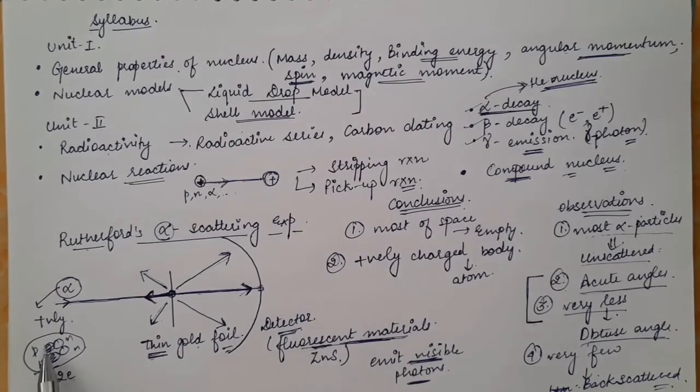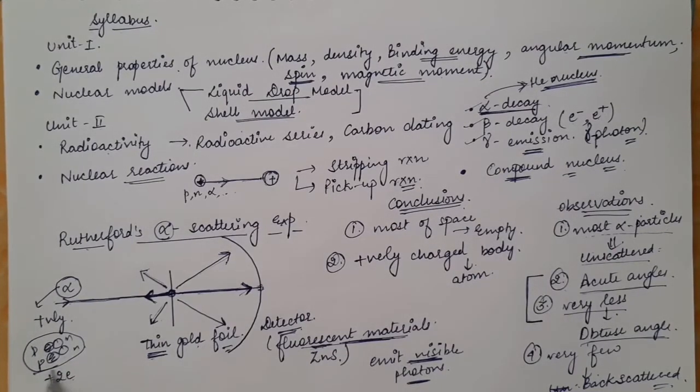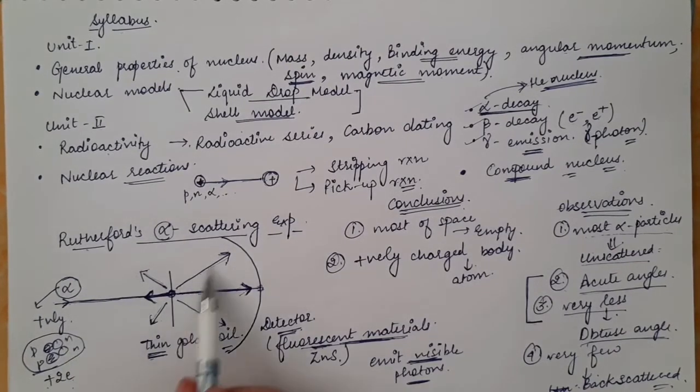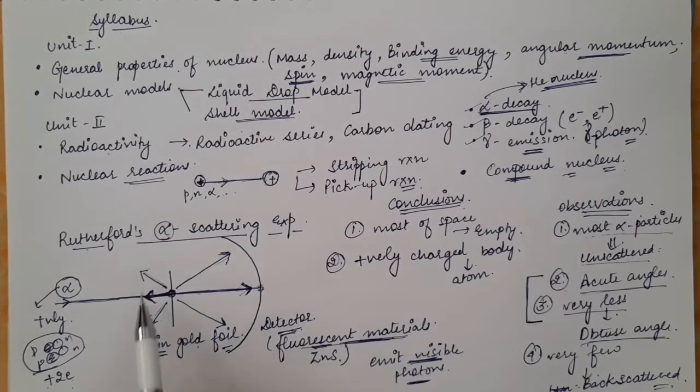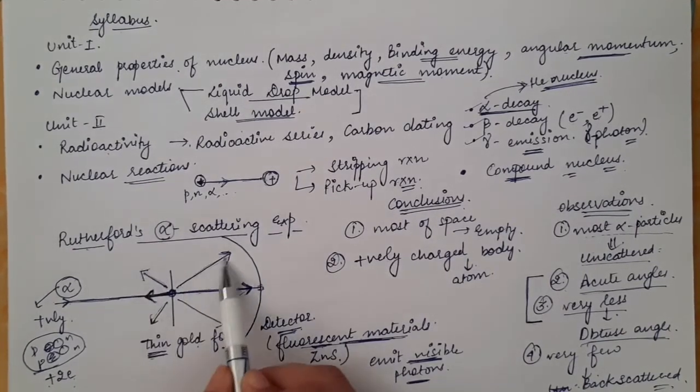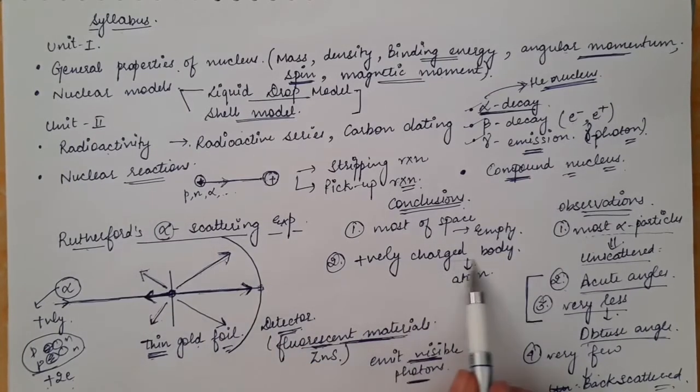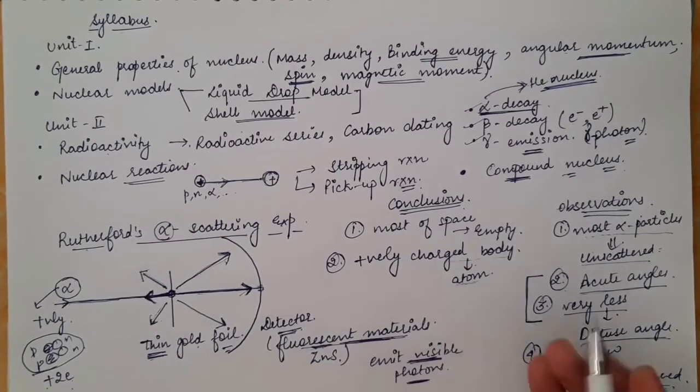That is, +e is the charge on a single proton, and the neutron doesn't have any charge. So the total charge on the alpha particle is +2e.